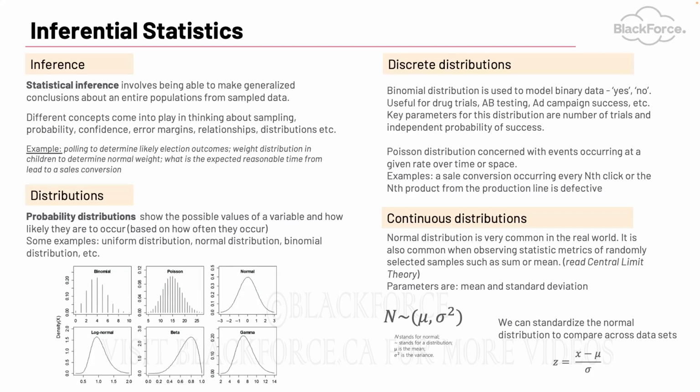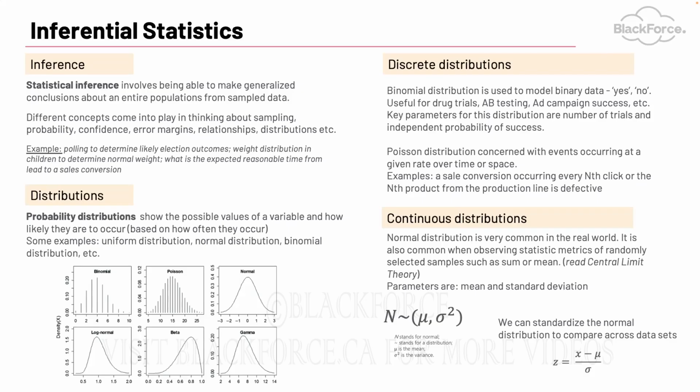There are lots of statistical concepts that help you tie the conclusions you're able to infer from the sample back to the population, right? A good example, which we've discussed a few times in this class, is polling. You want to know the election outcomes. You cannot check the entire population of eligible voters in the country. So you take a sample to infer what the outcome of the elections would be.